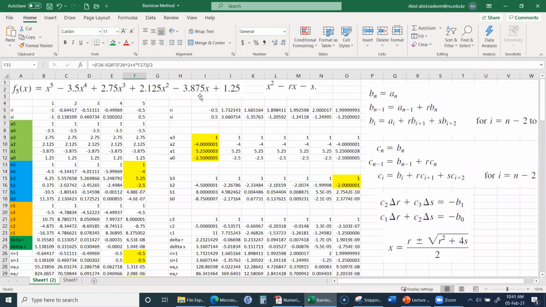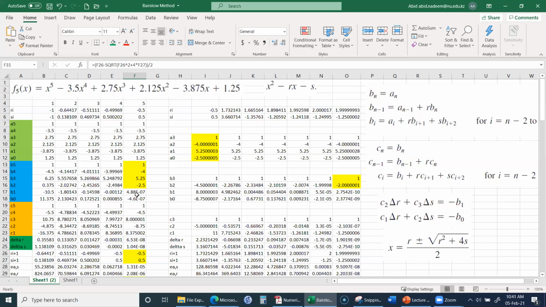So we still have to find the other 3 roots. For finding the other 3 roots, we should have the cubic equation, with coefficients a0, a1, a2, and a3.